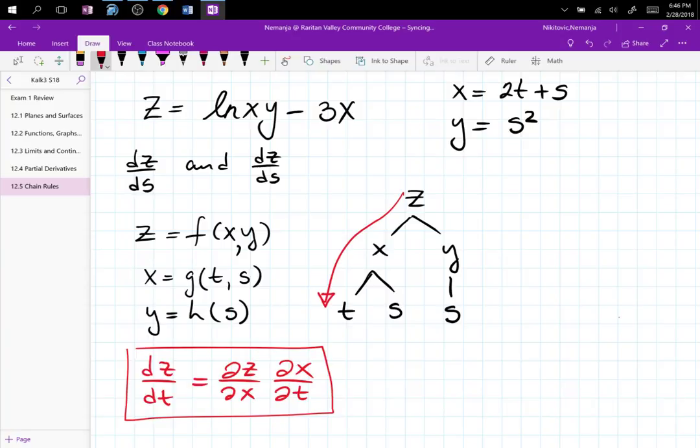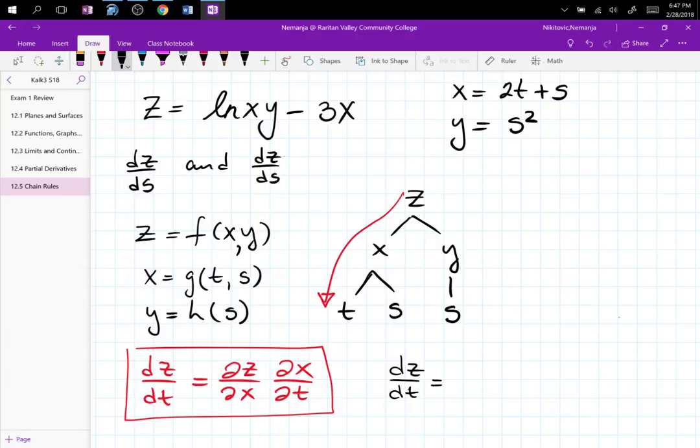Good. So now, what is the answer to my question? Well, dz/dt is equal to, and now you do partial derivatives. What is partial z, partial x? Well, you just do your regular stuff. Partial z, partial x has to be 1 over x, right?